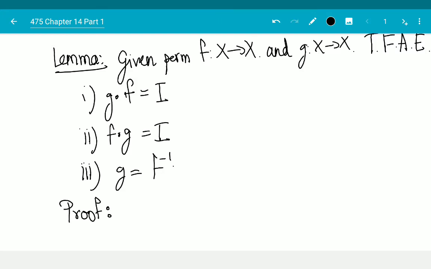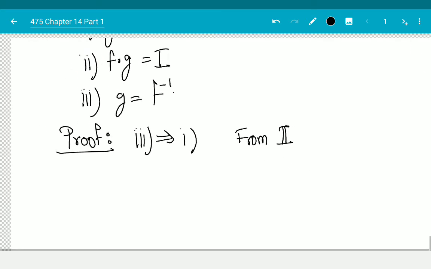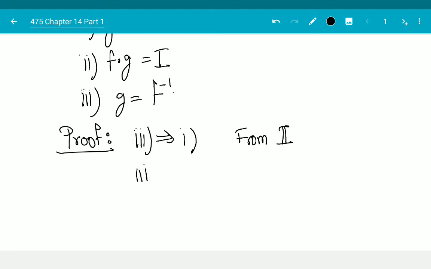Proof. Well, if g was f inverse, 3 implies 1 is from view 2. 3 implies 2 is from view 3.